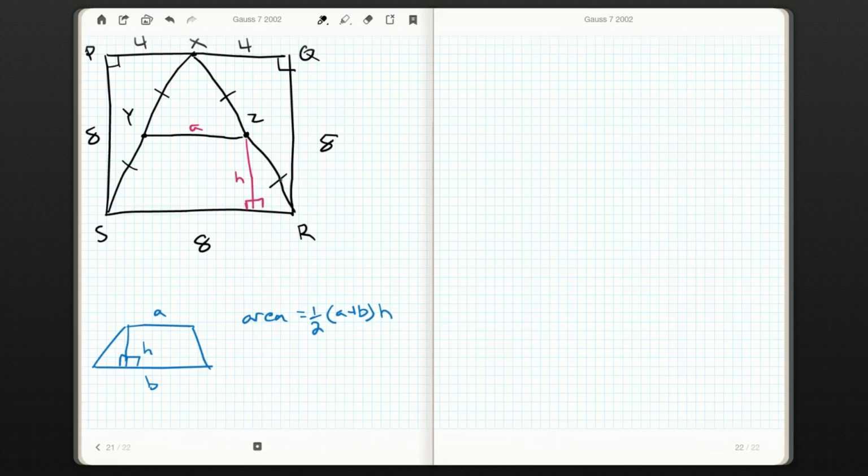And as for A, well, we might find something nice about this triangle. Maybe for some reason it's equilateral or something. But in terms of figuring out A, what could we do?